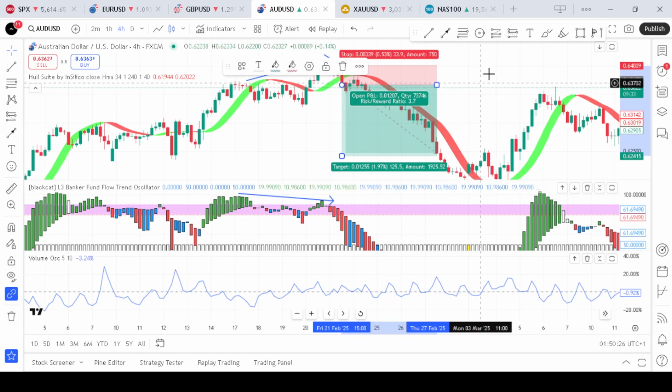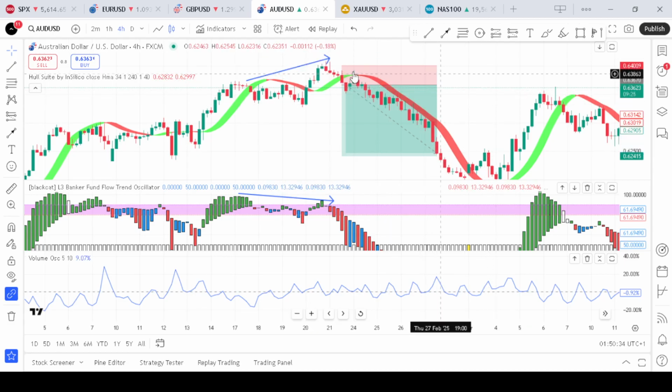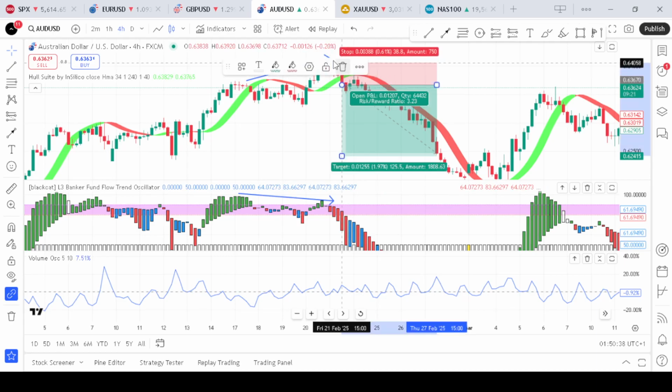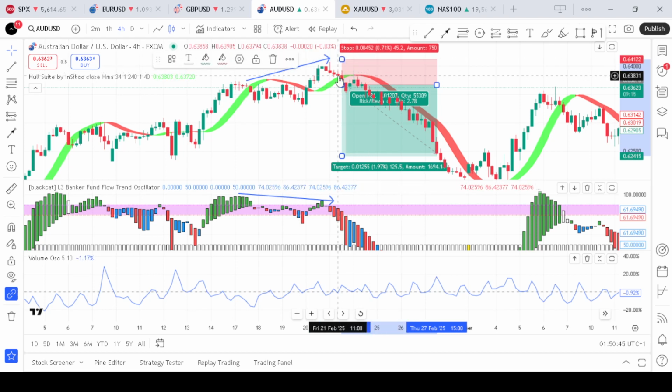Remember, we set our stop loss above the recent high in a short trade, and in a long trade you set it below the recent low. This is where we would enter, with our stop loss above this recent high.